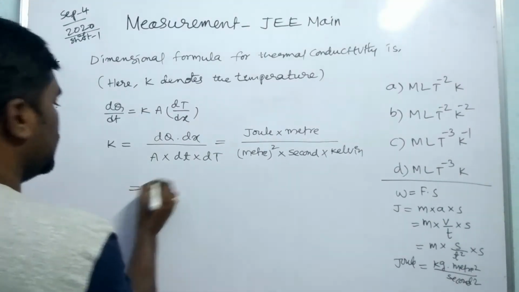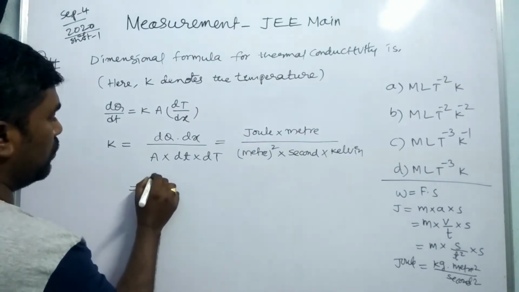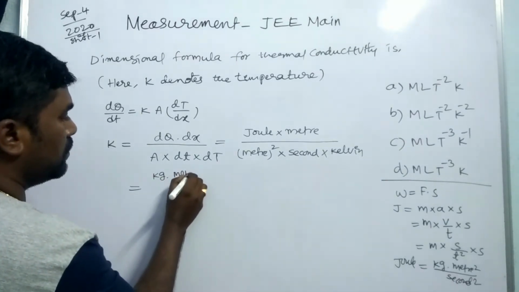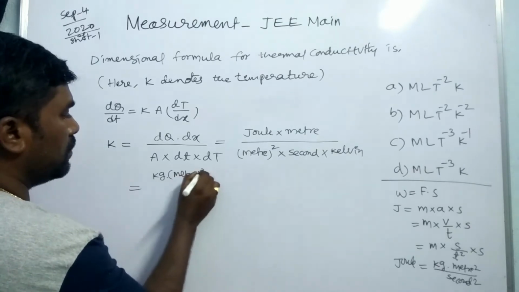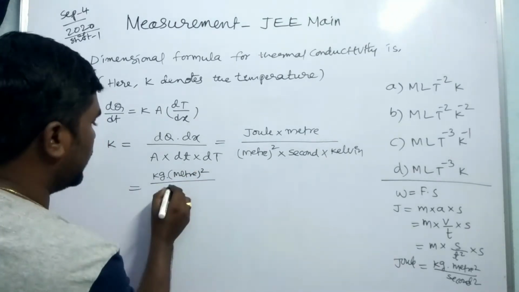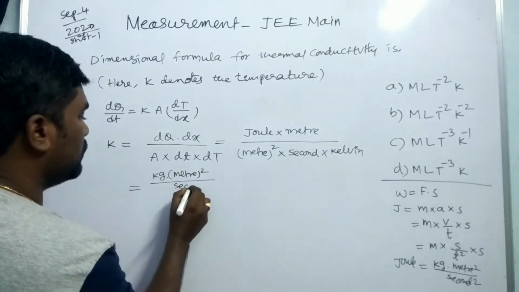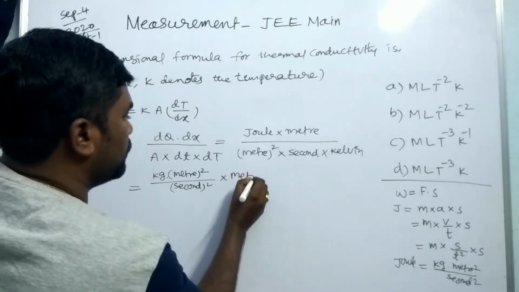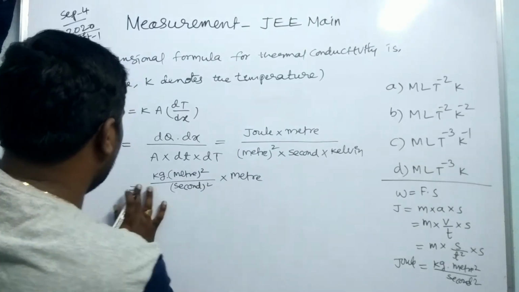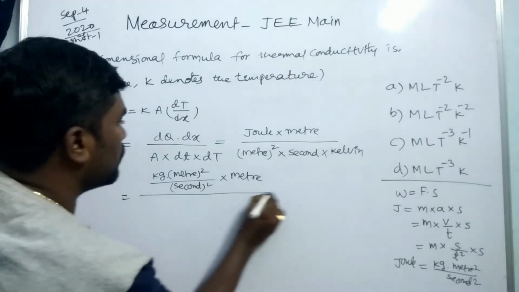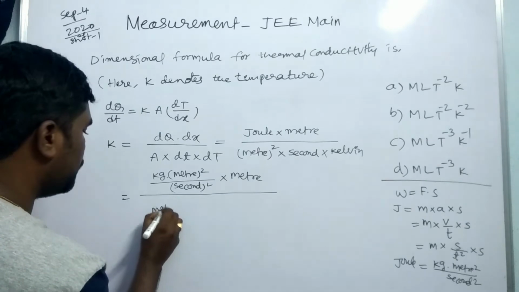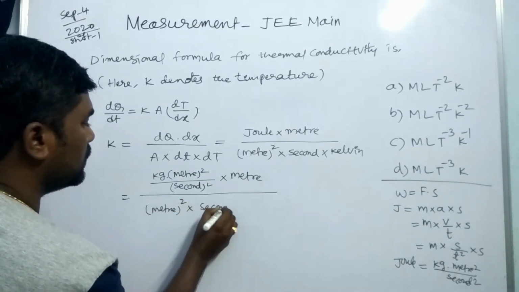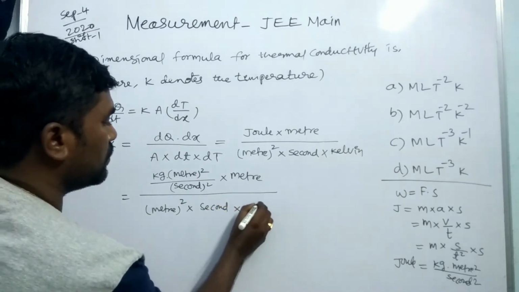You can simply write that. So joule is kilogram meter square by second square, into meter. So this whole divided by meter square into second into Kelvin.